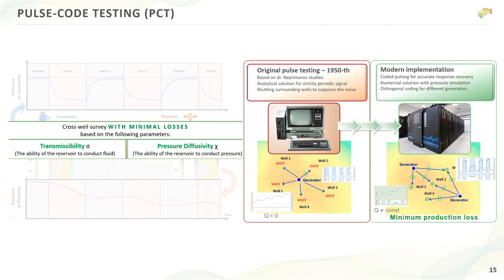Alright, so before we jump to another case, I need to introduce you to another technology, which is the kind of pressure interference testing. The technology I'm talking about is called pulse code testing, PCT, and we are using this technology to estimate the precise connectivity between wells.